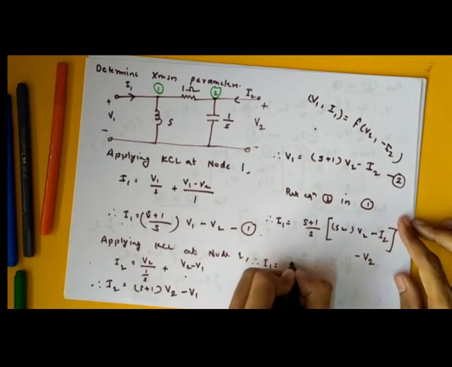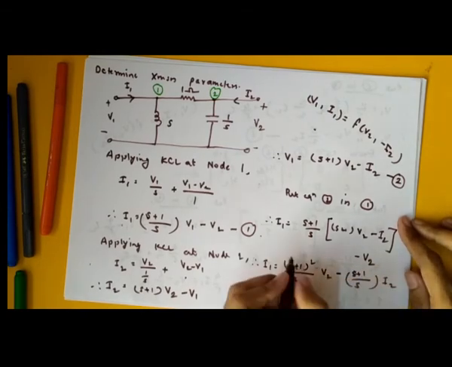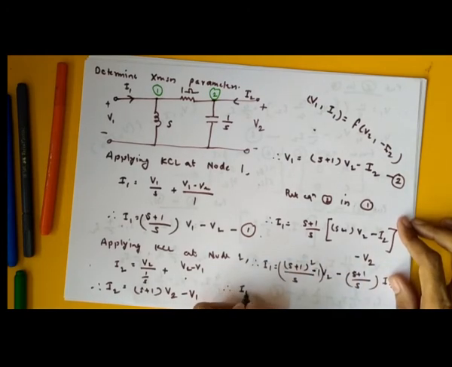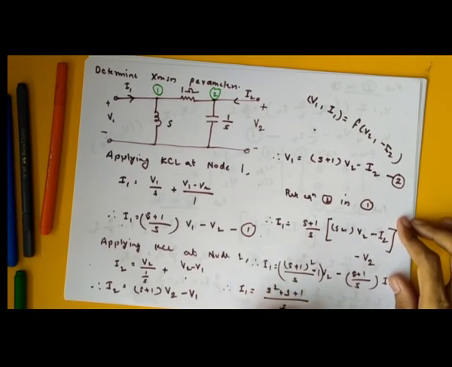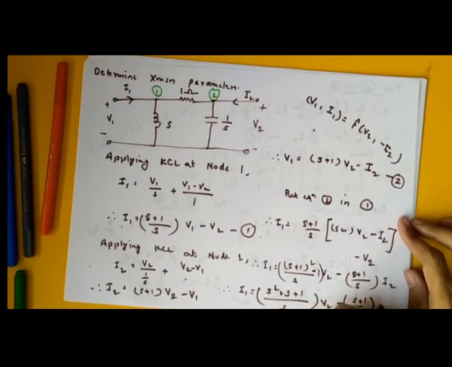So therefore I1 equals (S plus 1) the whole square upon S times V2 minus (S plus 1) upon S times I2. I forgot this, so minus 1. So just solve this: S square plus 2S plus 1 minus S. So S square plus S plus 1 upon S into V2 minus (S plus 1) upon S I2. So I1 is a function of V2 comma minus I2.